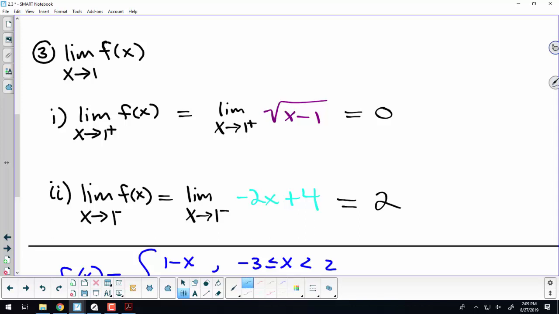Okay, so we've computed the limit from both sides of 1. What's the limit as x approaches 1? Does not exist. Why does it not exist? Is it because the left side and the right side have to be the same? Exactly, right. So the limit from the left and from the right have to be identical in order for the two-sided limit to exist.